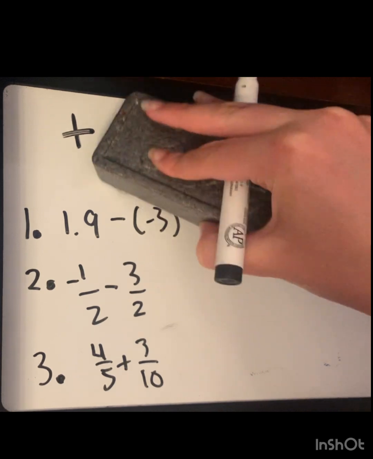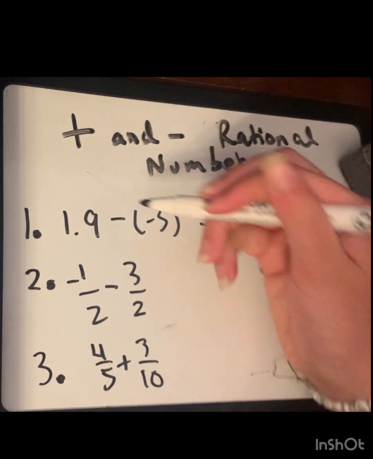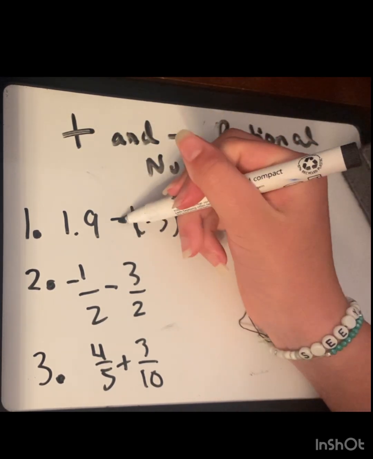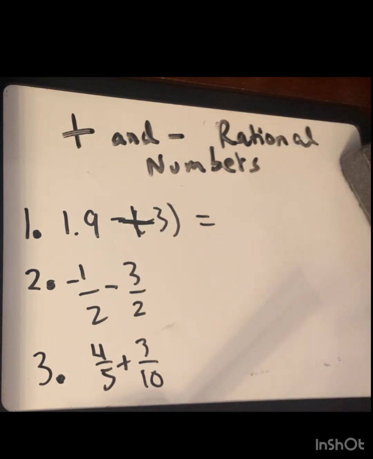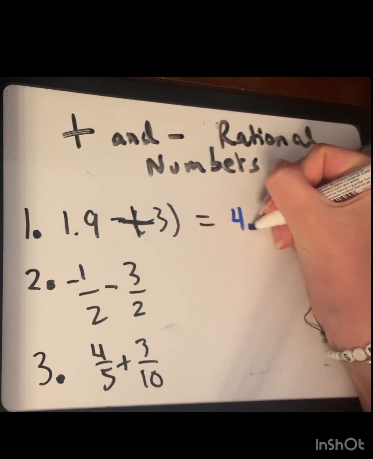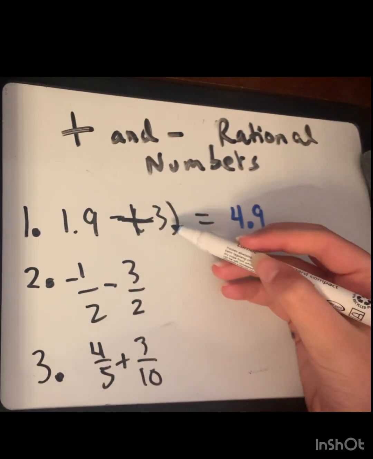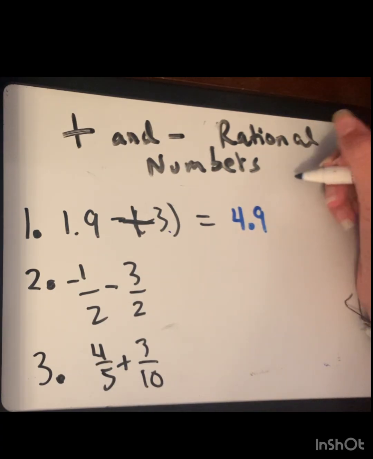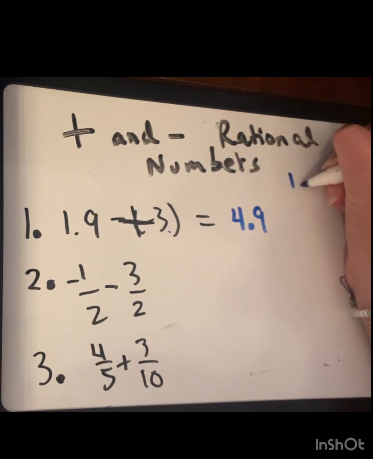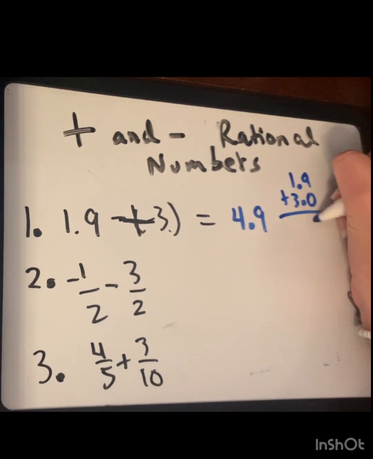So minus becomes a plus. So 1.9 plus 3 would equal 4.9. Because 3 has no decimals, you can just add the 9. It would look like this. See, 1.9 plus 3.0, and then it would give you 4.9.